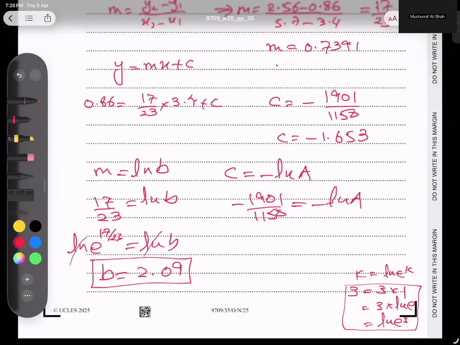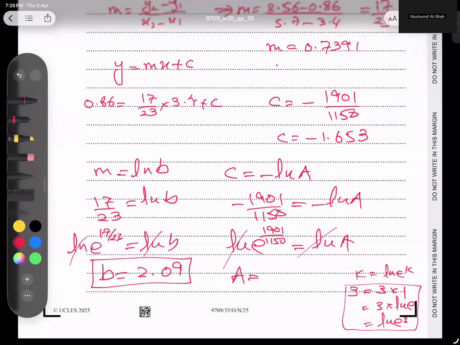Okay, what about the other one? Same story. I can write ln e to the power 1901 over 1150 is equal to ln A. ln cancels, I'm typing it.